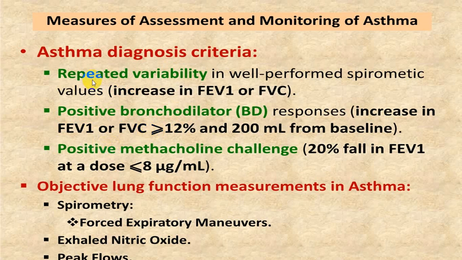If spirometry is normal and you go for a methacholine challenge test, and there is a 20% fall in FEV1, it is straightforward in favor of asthma. And also you can go for an exercise induced asthma test. Those are the commonly done tests for reversibility in bronchial asthma.